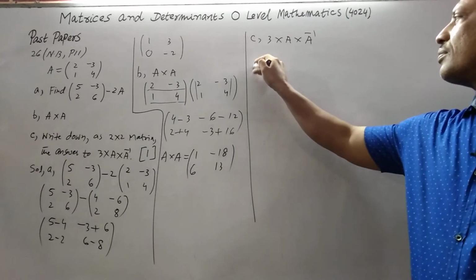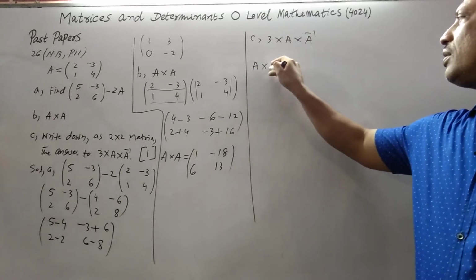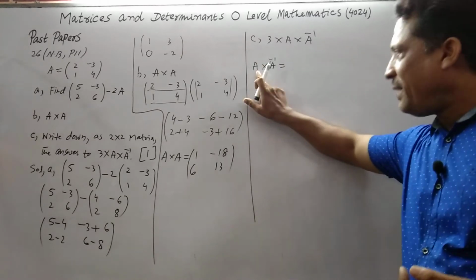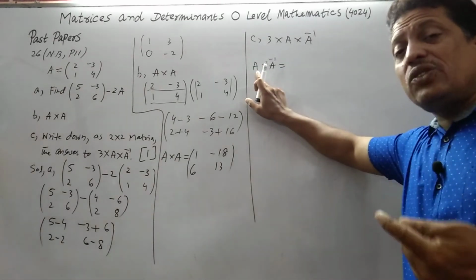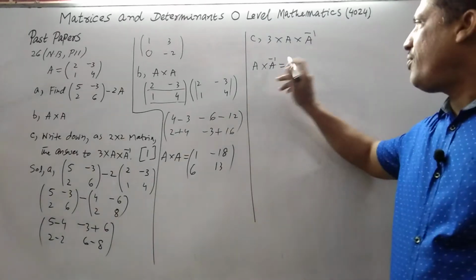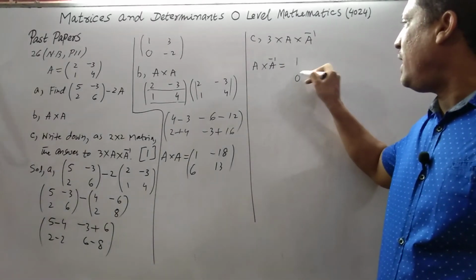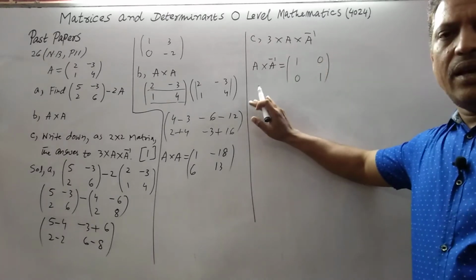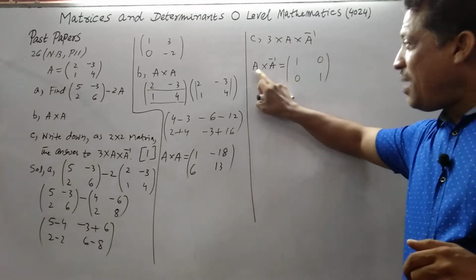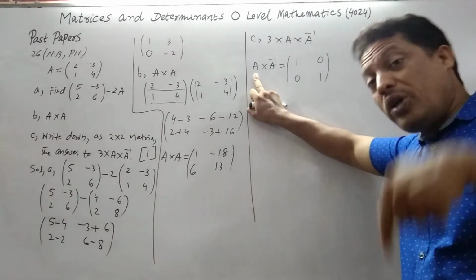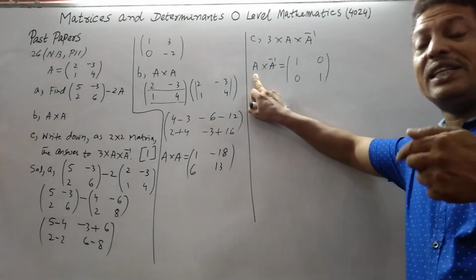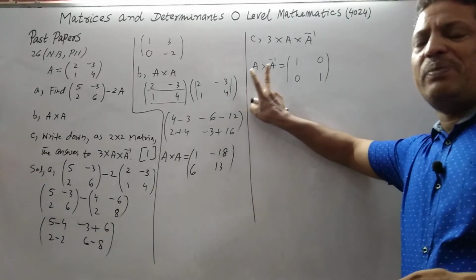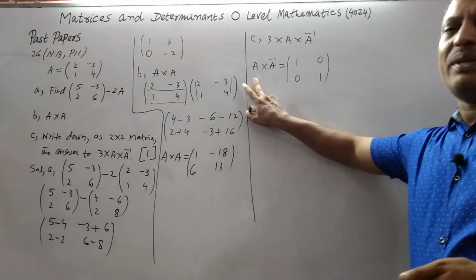Students, whenever we multiply a matrix by its own inverse, we always get an identity matrix. Kindly keep in mind, its own inverse means A multiplied by A inverse, or B multiplied by B inverse, or C multiplied by C inverse.